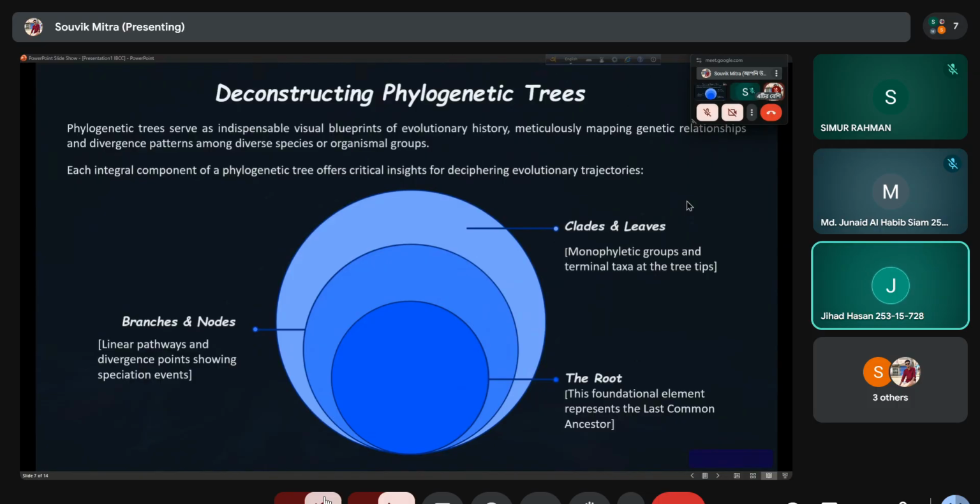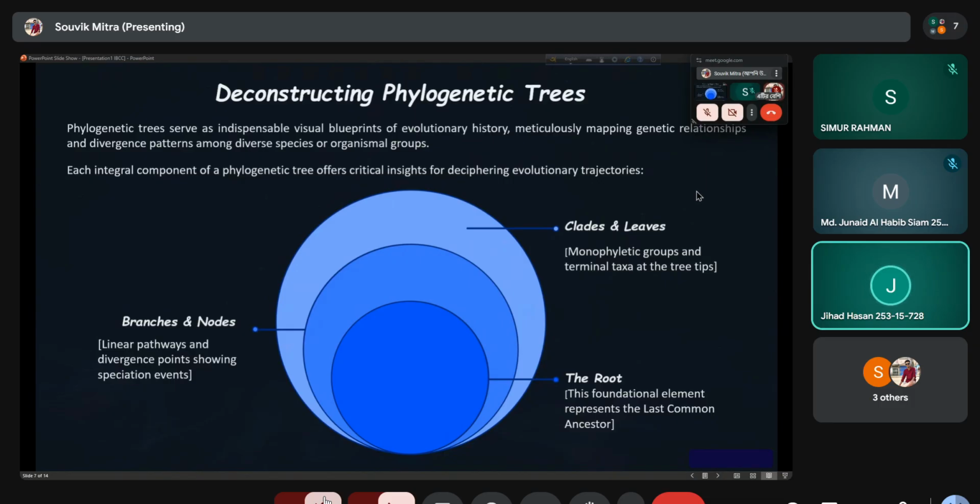At the base, we have the root, the last common ancestor, and from there branches map out speciation events leading to modern species and their shared lineage.